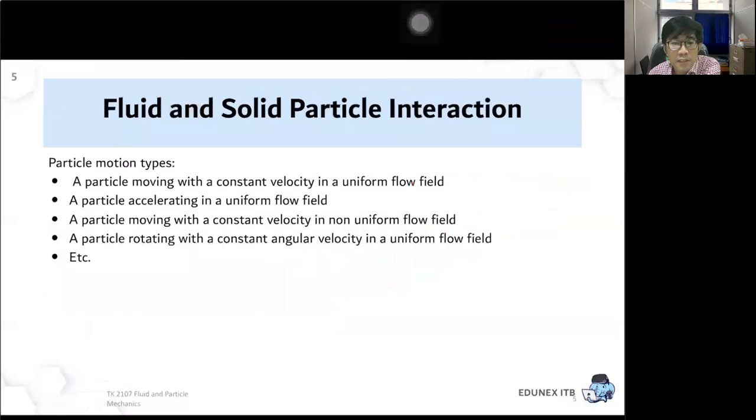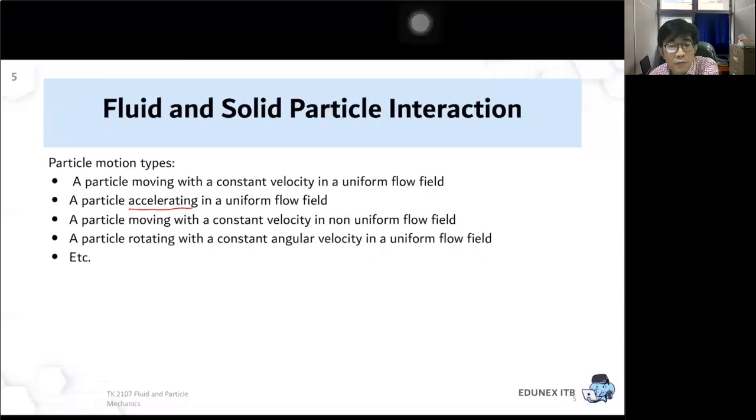And then another characteristic is the solid particle interaction. Another characteristic that you can find is regarding the velocity. So the particle maybe can flow with constant velocity. Constant velocity means the velocity remains the same. And then the particles can travel together with the gas but with a different velocity, for example, accelerating.